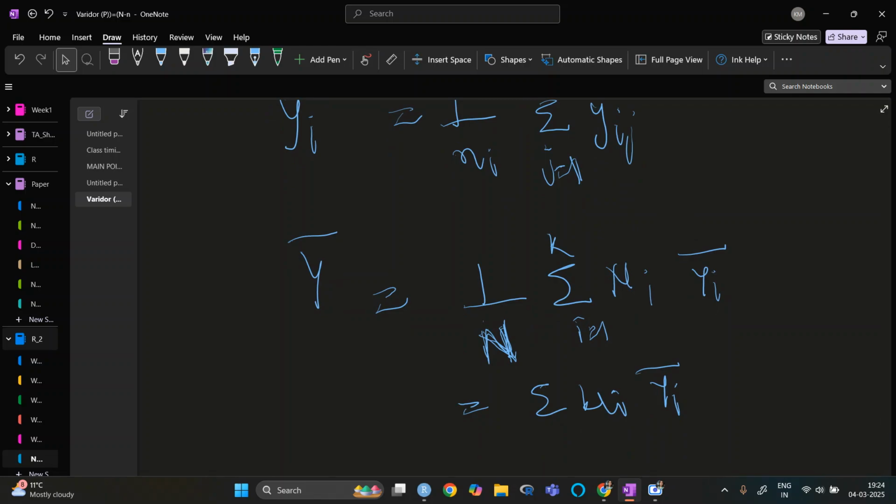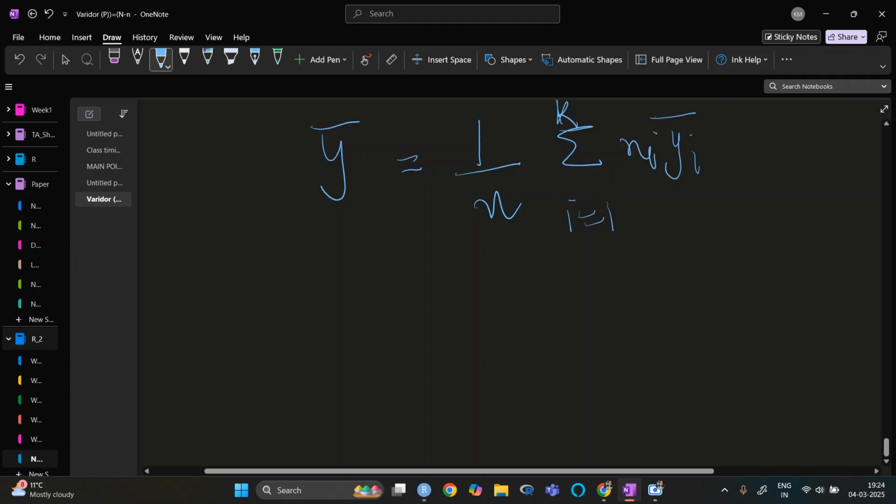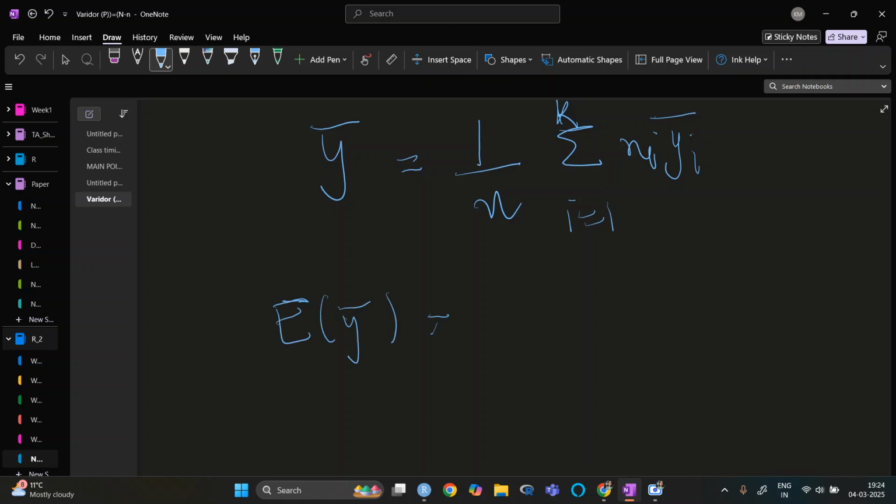So here we have taken the weighted population mean, and here I am taking the weighted sample mean. If I take the expectation of this capital Ȳ, it will be 1 upon n summation, this n_i will come outside, i from 1 to k, expectation of ȳ_i.